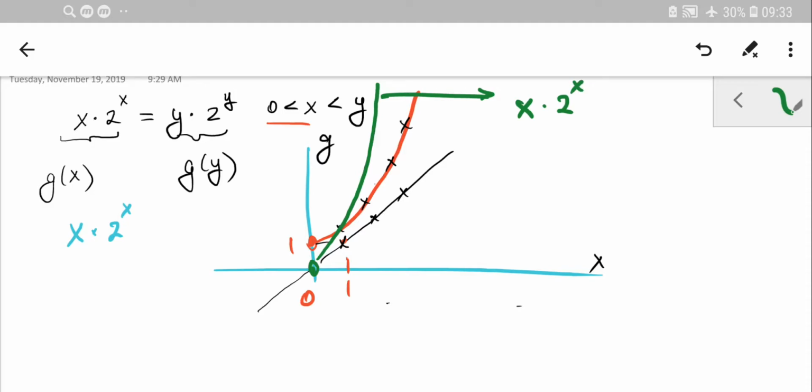So we can do the same for y, but in terms of the structure, it will be the same curve. However, we have always y bigger than x.